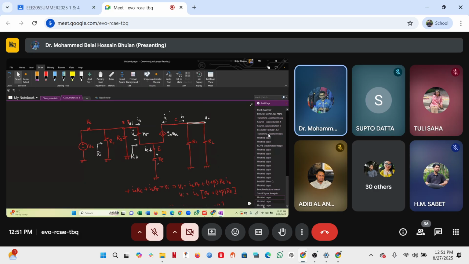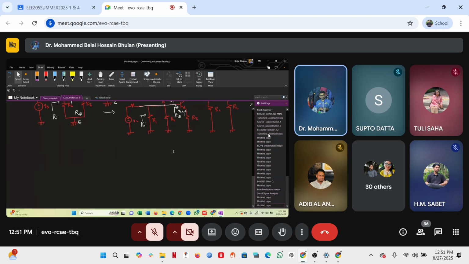First of all, we draw the BJT. So let's draw the hybrid pi model.